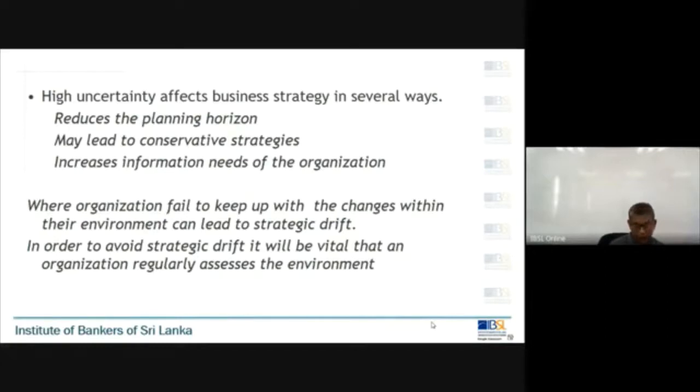Innovation is lost. The third factor is that uncertainty creates a lot of information. What we need is not just more information, but quality information. If you have more information, you can to some extent reduce the uncertainty.